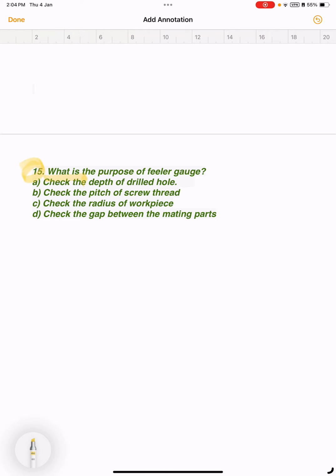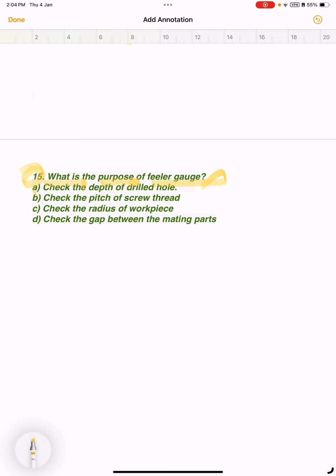Question 15. What is the purpose of the feeler gauge? The feeler gauge comes as sheets marked 1 mm, 2 mm, 3 mm and so on. Options: check the depth of the drill hole, check the pitch of screw thread, check the radius of the workpiece, check the gap between the mating parts.